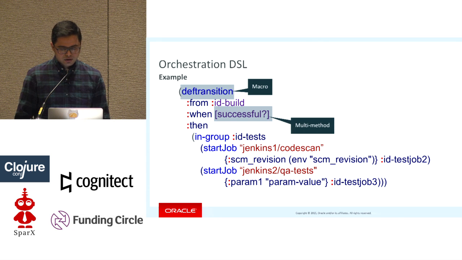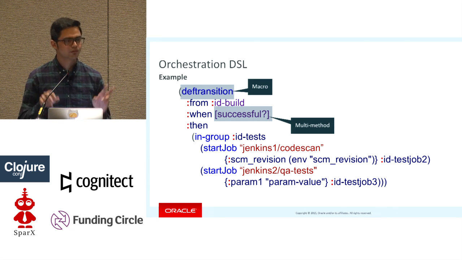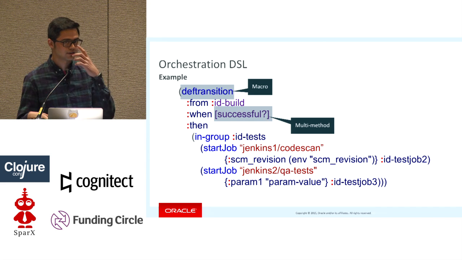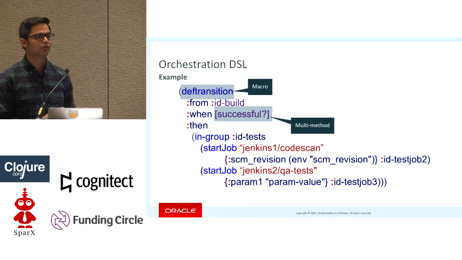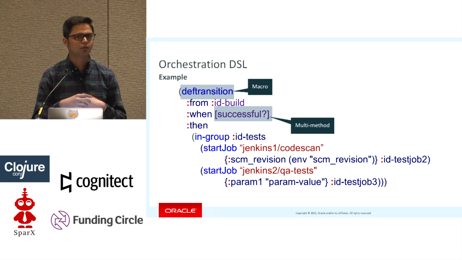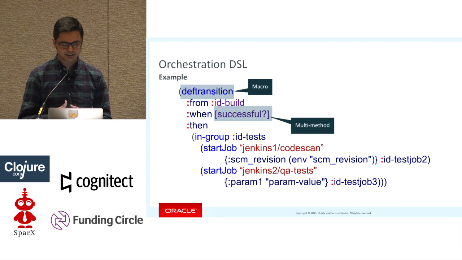Multi-methods are what keep our DSL concise. For example, looking at this multi-method, successful, in words it's checking whether a particular job that has a concept of success is successful. We use a multi-method here because we are able to use the same predicate function across any type of job or any type of event that supports the concept of a success status, right?